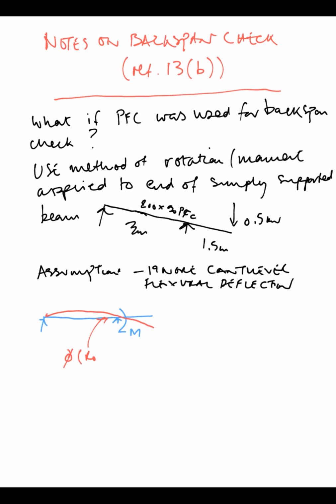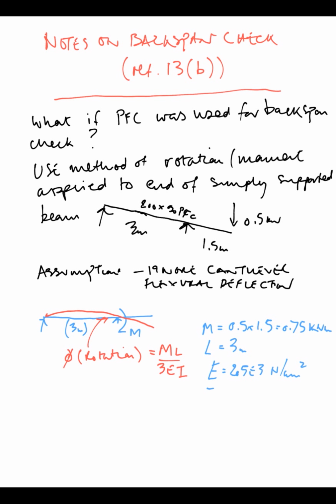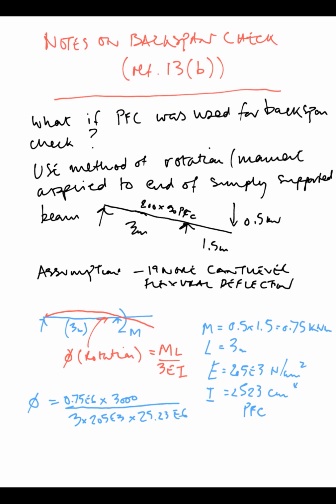So we just take a standard beam, a standard simply supported beam, and the rotation is given by ML over 3 EI, where M is applied to the end of that beam, and the moment is 0.75 kilonewton meters, the backspan length is 3 meters, E is 205 E3, and I was given before 2523 centimeters to the 4.